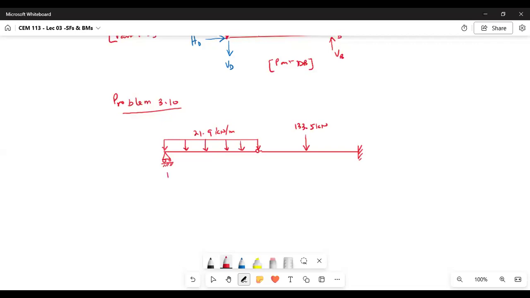And from here to here to here to here, this is 6.1 meters. All right, so this is the problem we have.